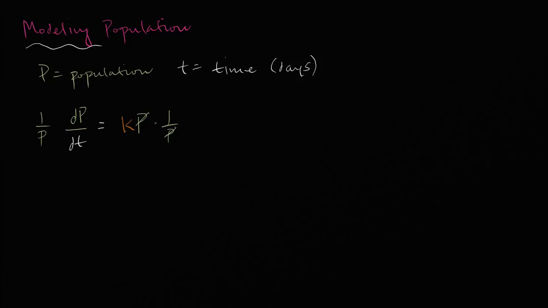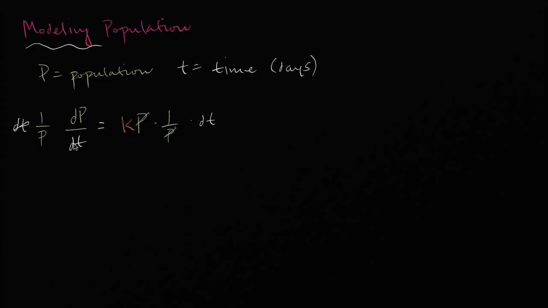Then you can multiply both sides times dt. Once again, treating the differential like a quantity, which it really isn't. You really have to view this as a limit as the change in P over change in time, as we get smaller and smaller changes in time. But once again, for the sake of this, we can do this.